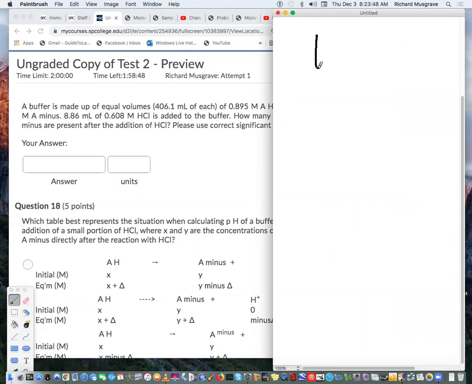So a buffer is always going to be a mixture of A minus and AH. If you add H plus, then the A minus plus the H plus will turn into AH, which means AH goes up and the A minus will go down.